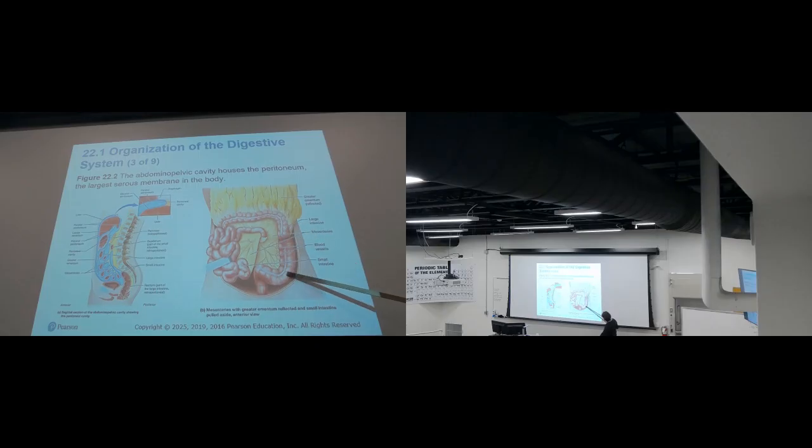This is the descending colon, sigmoid, and then anus and rectum. Questions? So is the sigmoid considered part of the colon? Mm-hmm. It's just having different names. So this is sigmoid, this is descending, transverse, and ascending is on the right.